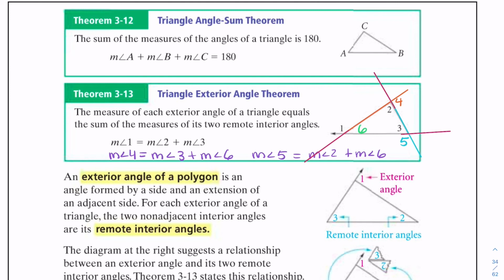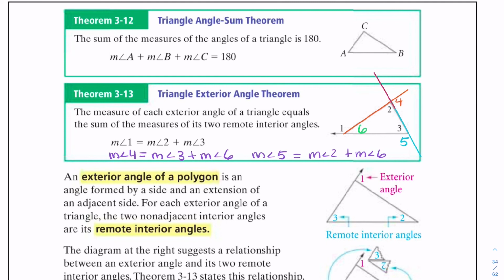And again, the exterior angle is equal to the 2 remote interior angles. How do you know which ones are remote interior? How did I know which ones to pick? Well, listen, 4 is attached to 2. So cover them up. If you're looking at 4, cover it up and cover 2 up. What else is inside the triangle? 3 and 6.